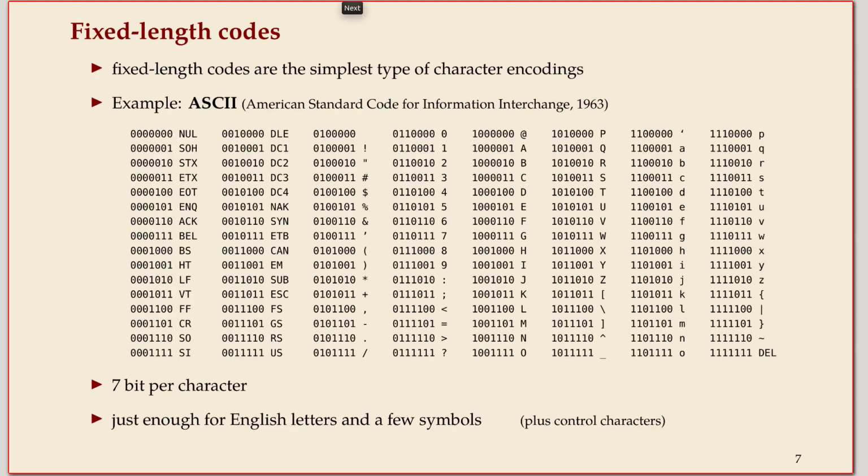Let's look at a very famous fixed length code. That's the ASCII encoding, the American Standard Code for Information Interchange from 1963. So it's quite dated, and like it's often the case with American standards, they don't care very much for languages other than English.